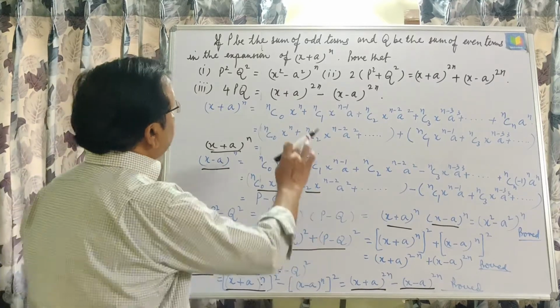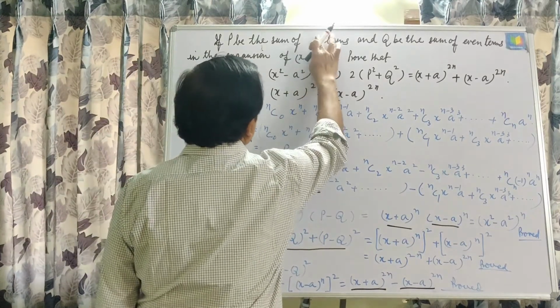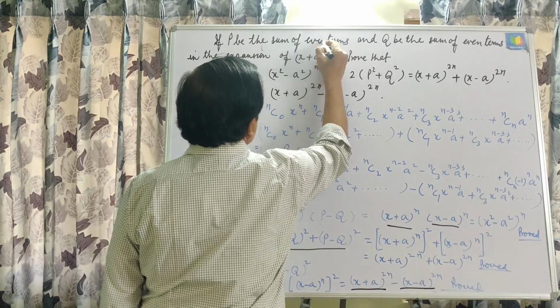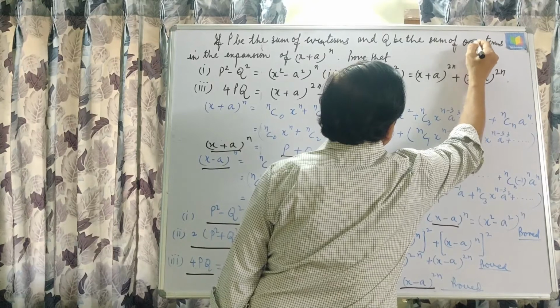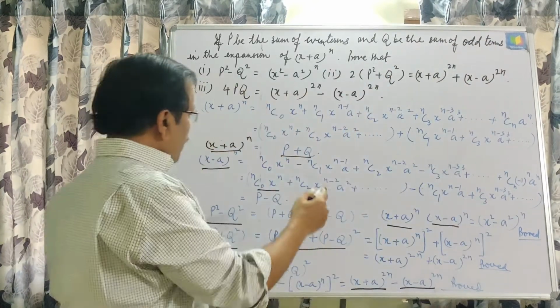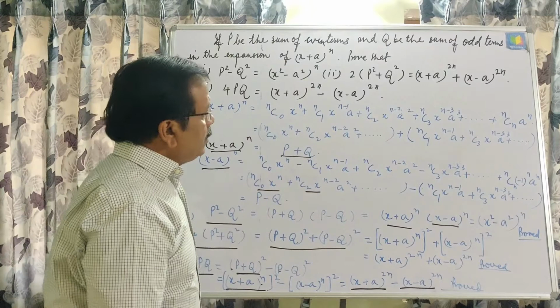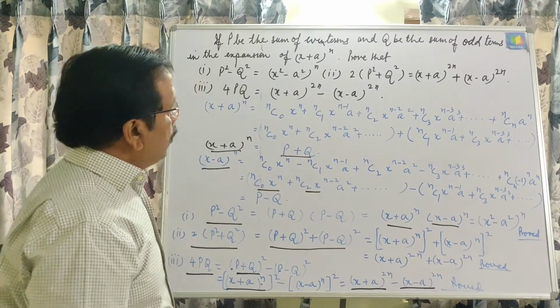Here you can write p is the sum of odd terms and q is the sum of even terms. Okay, and this way we get the complete solution of this.